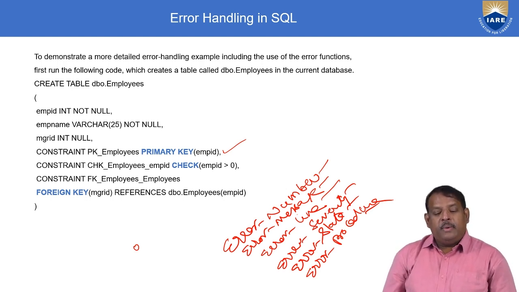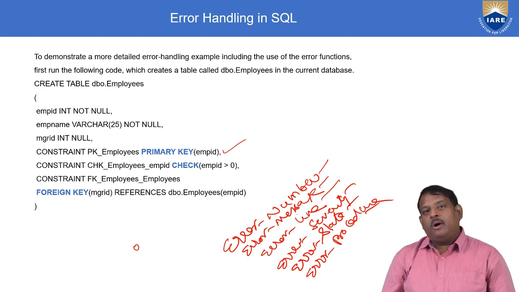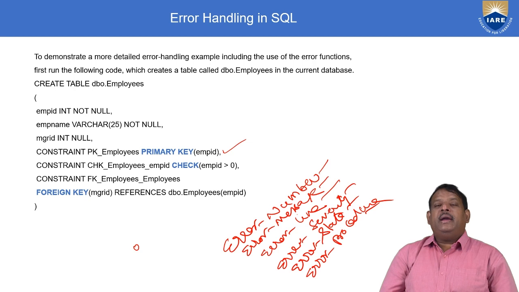I'm also adding a check constraint, CHK_employee, on EMPID to make sure that my EMPID is greater than 0. And then I'm also creating a foreign key, referencing employees itself, saying that my manager is also an employee.